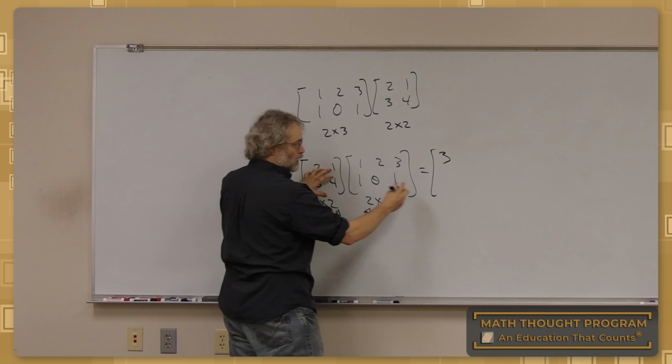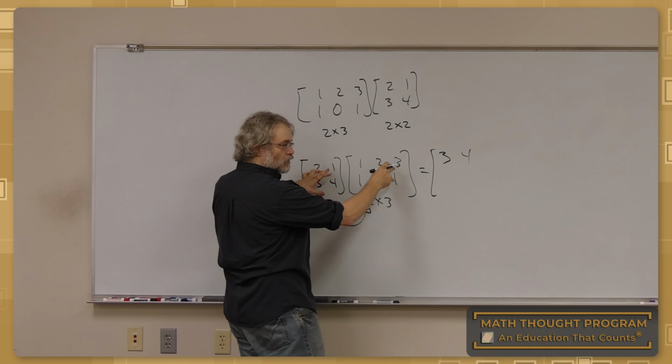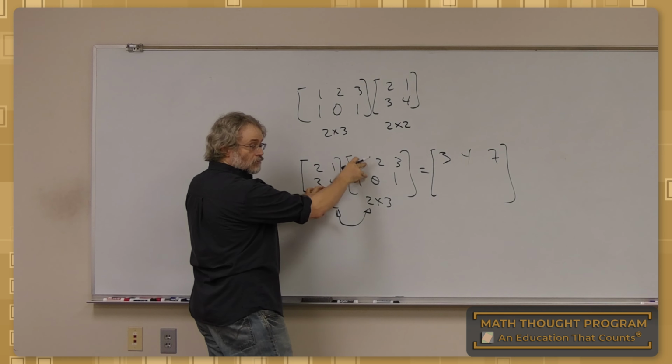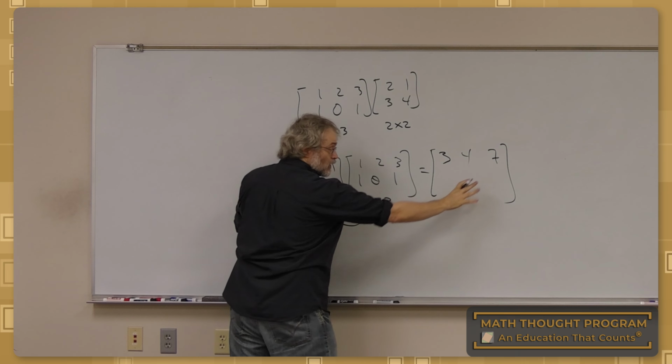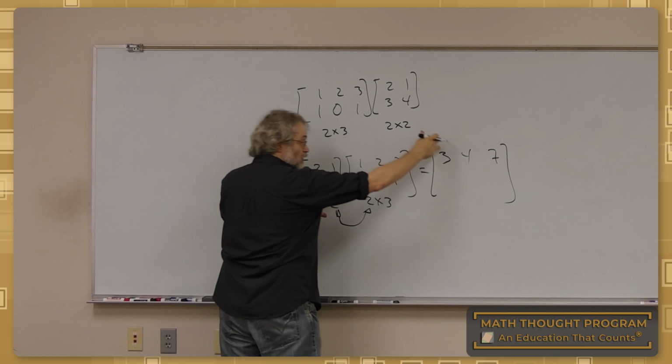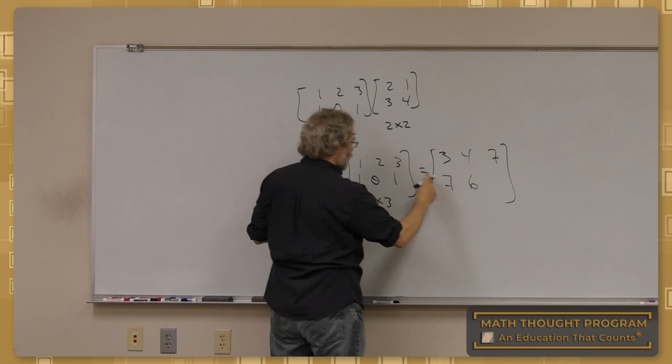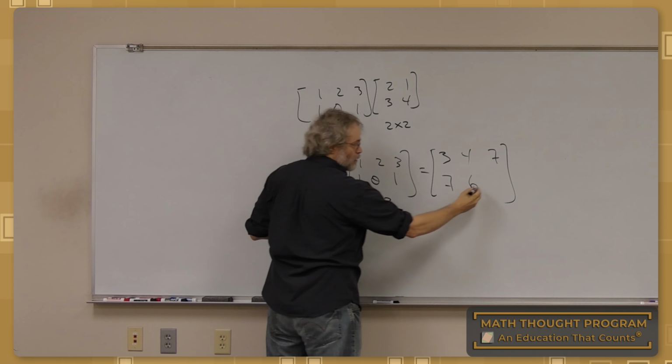Take the row, dot it with a column. Take the row, dot it with a column. Then the second row: dot it with the first column, and then for the second column, and then lastly, for the last column.